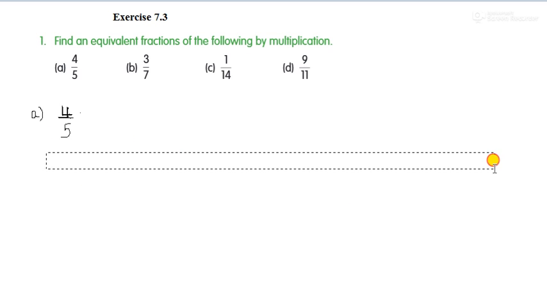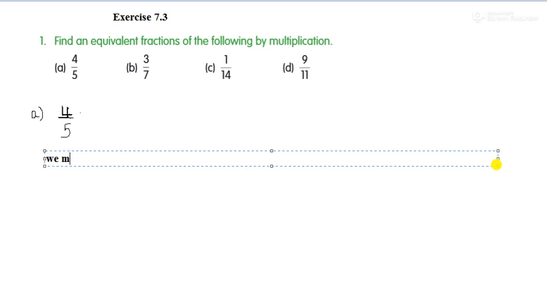So write down here, we multiply the numerator and denominator of 4 by 5 by 2.